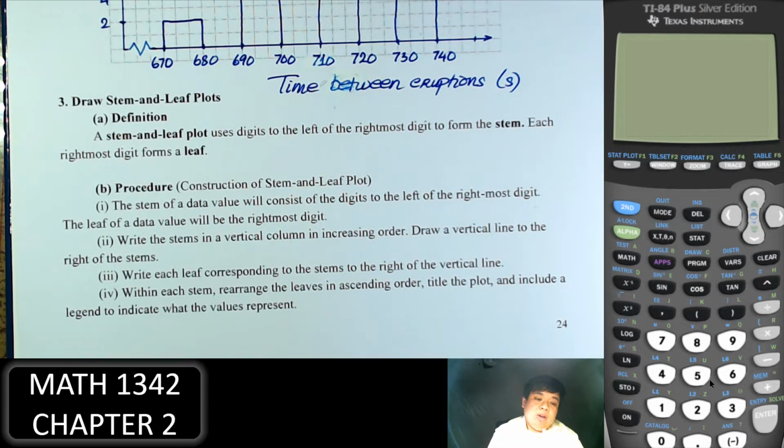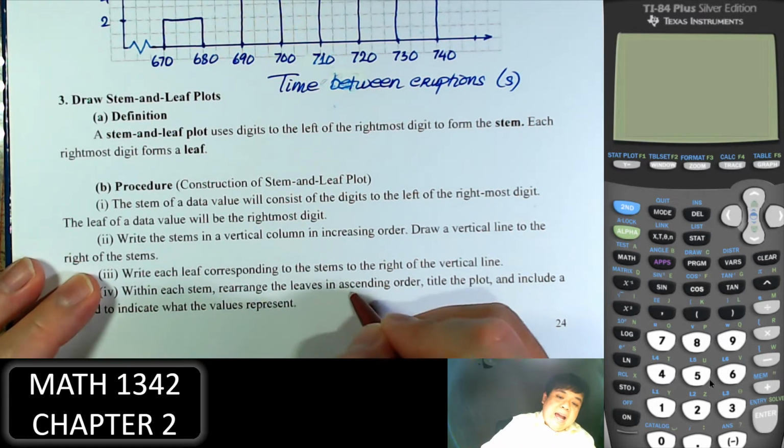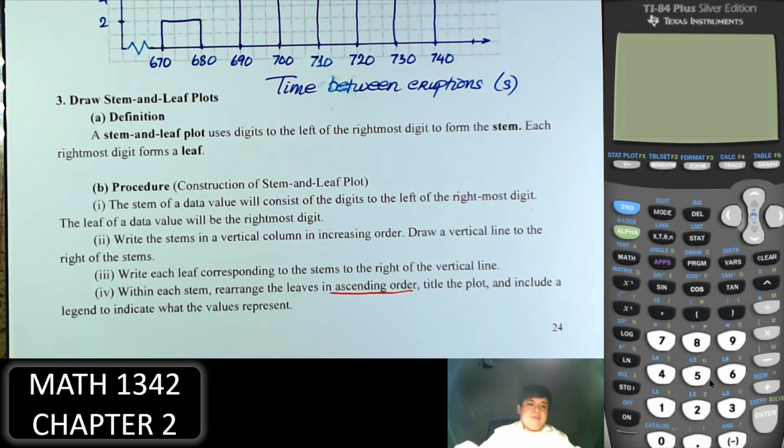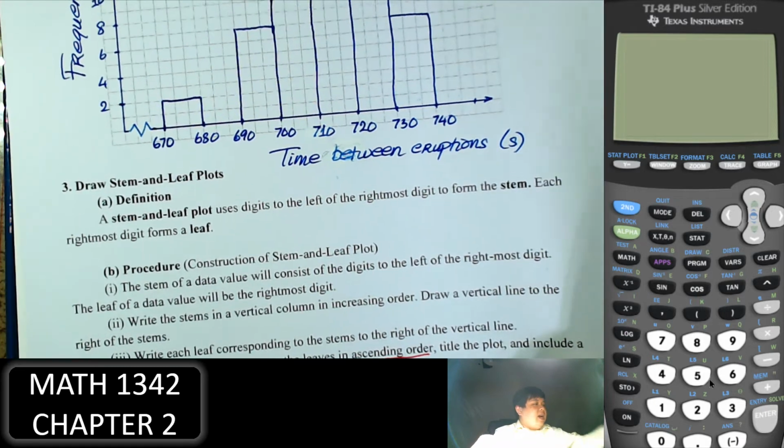The leaf will be the rightmost digit. So we just cut the number. The last digit on the right will be the leaf. Everything on the left will be a stem. Write each leaf corresponding to the stem on the right of the vertical bar. And the last thing is that this has to be in ascending order. Let's see how it works.